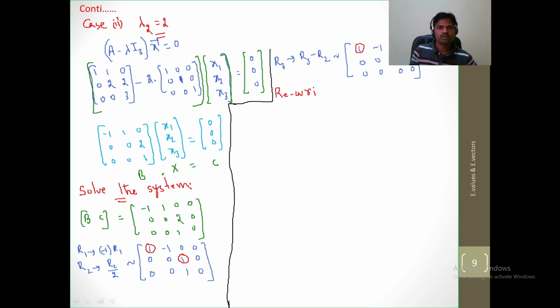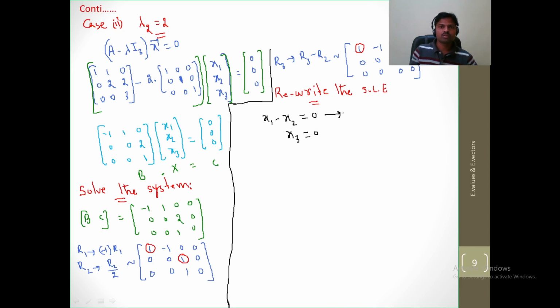Then rewrite the system of linear equations once it is in reduced echelon form. So 1 into x1, so x1 minus x2 equal to 0, isn't it? Next, x3 equal to 0.